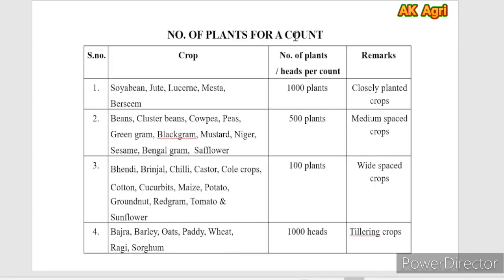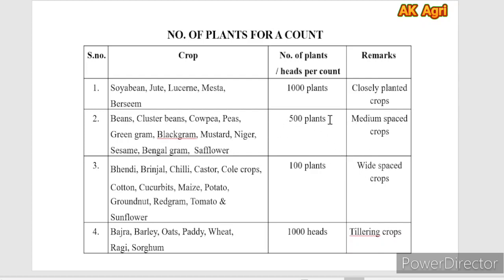So, the number of plants for each count. What is the minimum number of plants to be counted in each count? For example, in case of closely spaced crops, it is 1000 plants. So each count consists of 1000 plants. He has to verify 1000 plants in one count in case of closely spaced crops. In case of medium spaced crops, it is 500 plants per count.